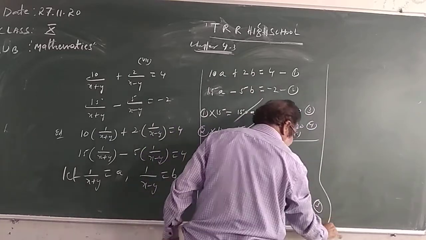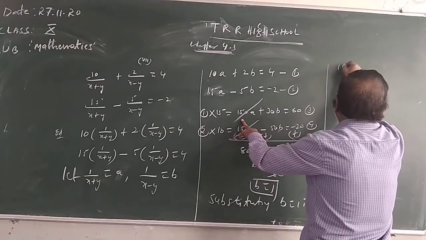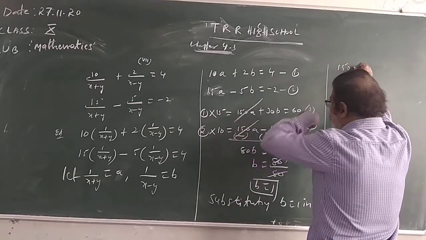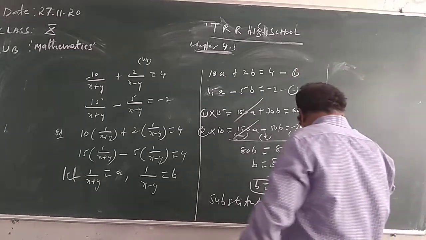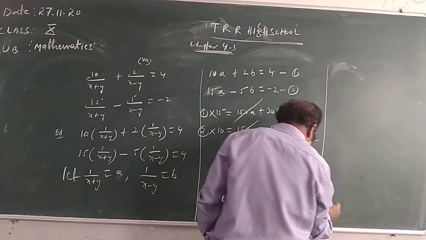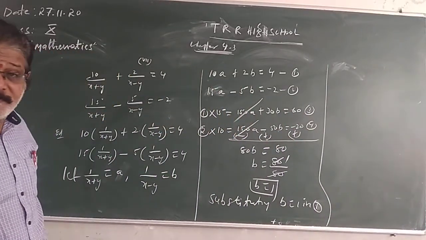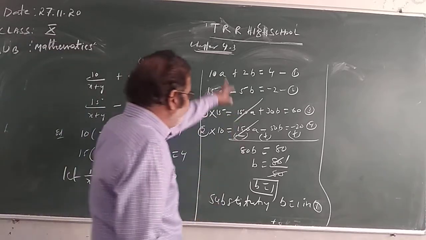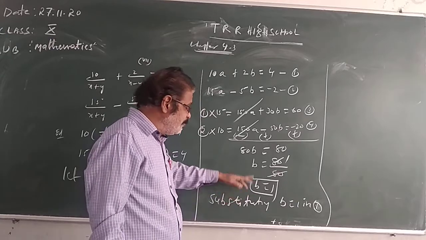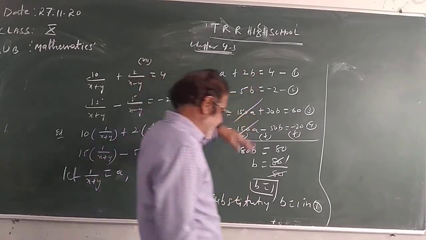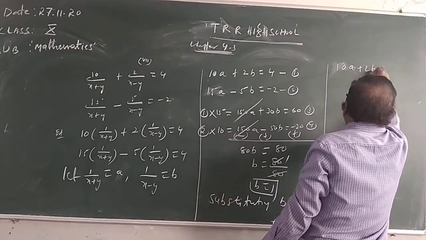Always substitute in the original equations. Original equations are what? 1 and 2. We got the b value, so substitute this b value in either the first or second. So 10a plus 2b equal to 4.